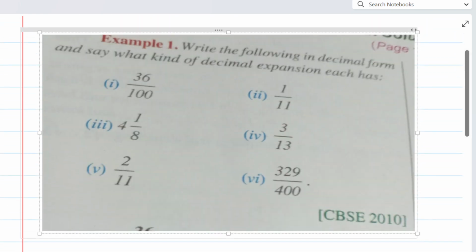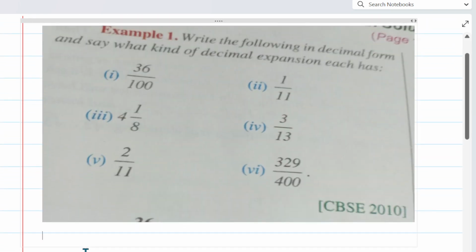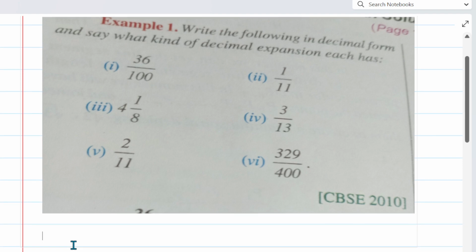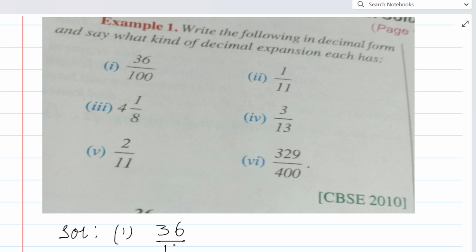Number 1, what is the question? It is 36 by 100. Solution number 1. See, this I'm not going to divide at all, because you have to understand the concept also, how you divide this 36 by 100. So simply, I can put the answer by counting the 2 zeros in the denominator.